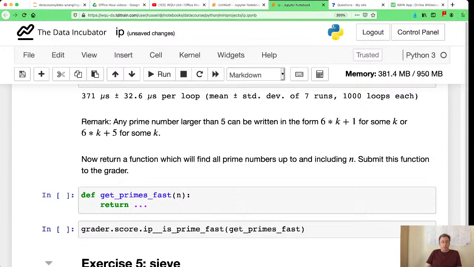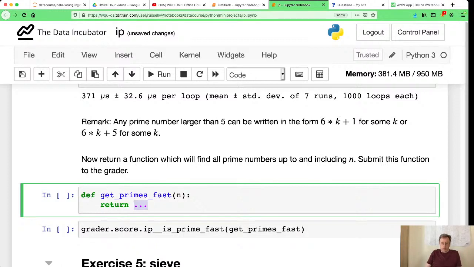Well, I could use my get primes fast. I could write a list comprehension. I could say number for number in range, say I start from 2, n plus 1, because 1's not a prime number, if is prime fast number, number.